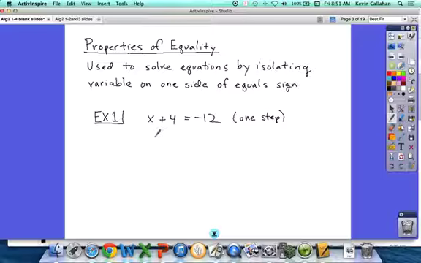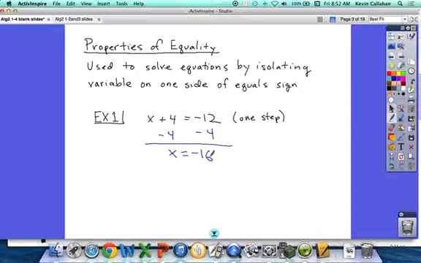Here's a basic one from example 1: x plus 4 equals negative 12. What would you do to solve that? You would take 4 away from both sides, and we would say x equals negative 16. That's called the subtraction property of equality because you subtracted the same thing from both sides.